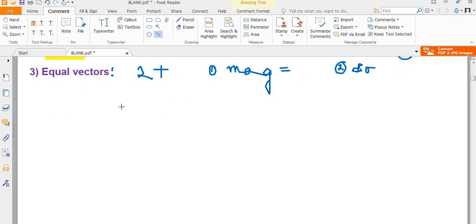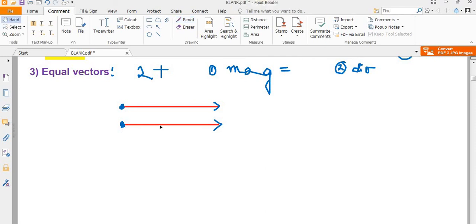How do we think of it? Suppose I have a vector like this, with this as my initial point and this as my terminal point. And suppose I have another vector which is the same length. This is an equal vector, so it starts from here and it ends here.